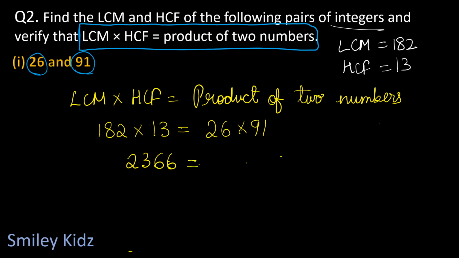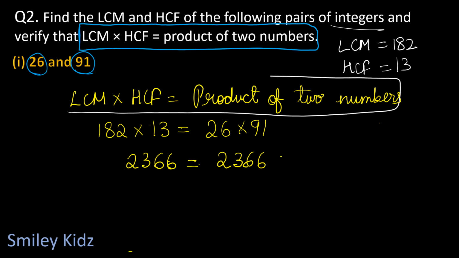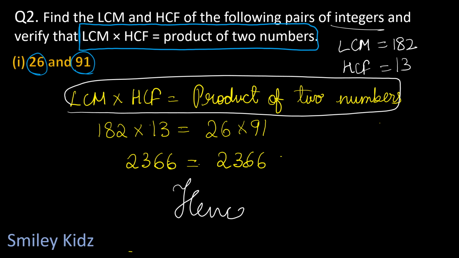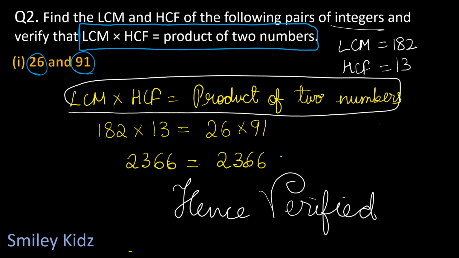And now we're going to find out the product of two numbers, that is 26 times 91 in this case, which again is equal to 2366. Now we have verified the relation that HCF times LCM is equal to product of two numbers. Hence verified. Isn't it?